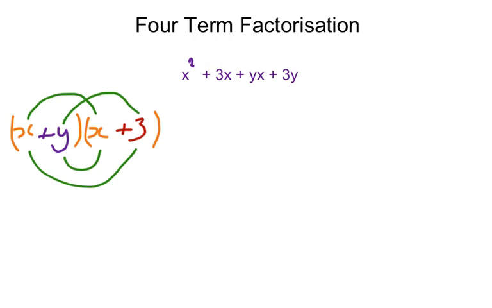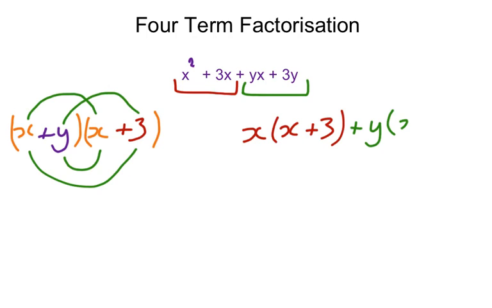And trying with the other method, the grouping method, first of all we have x squared plus 3x, so we can factorise out of that x, and we get x plus 3. Then we get yx plus 3y, we can factorise out of that a y, and we get x plus 3.